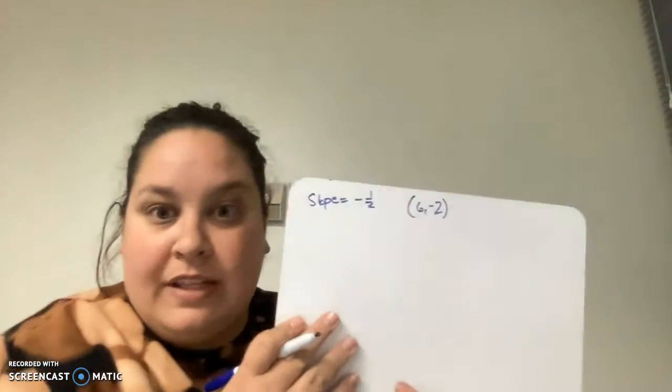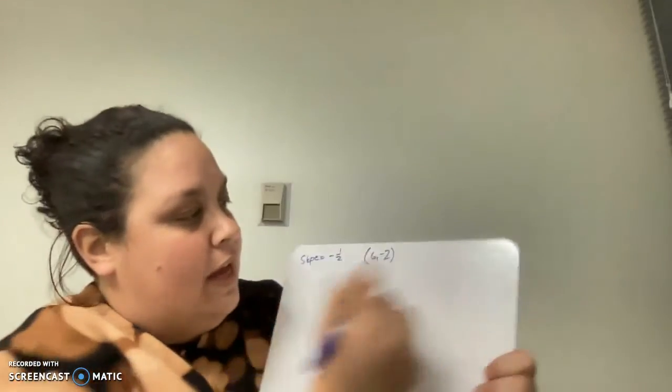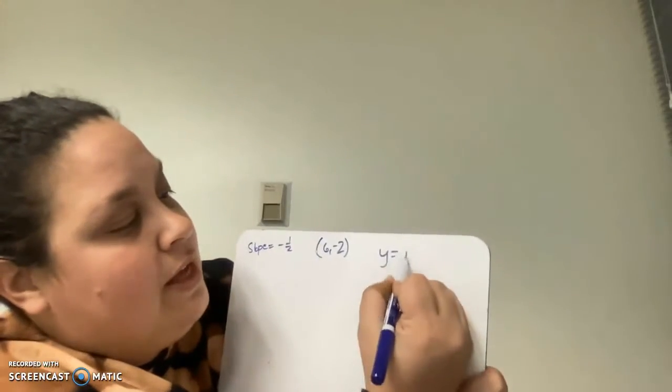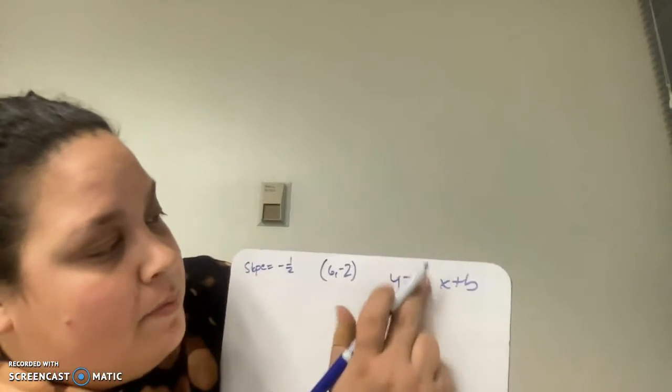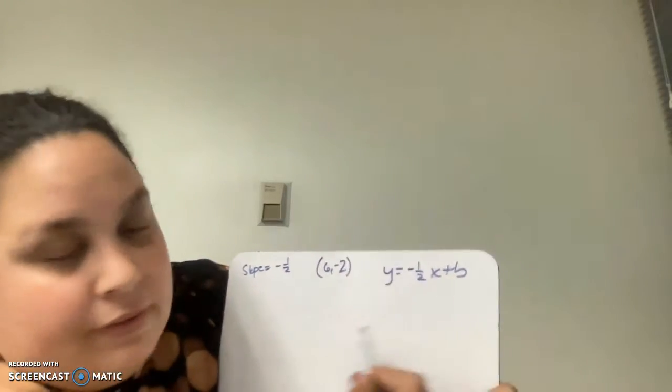So let's say that my slope is -1/2, and that my point is, let's see, 6, -2. So let's say we have this, right? So again, I have my y equals mx plus b. I already know my m. My m is -1/2.